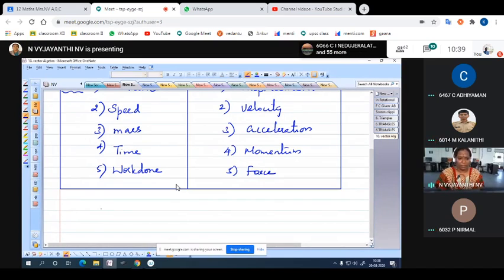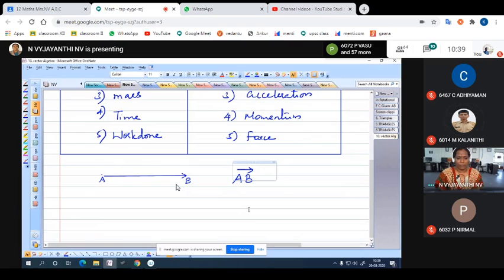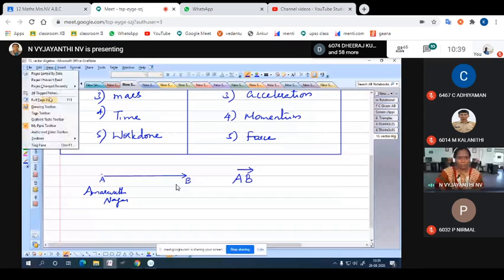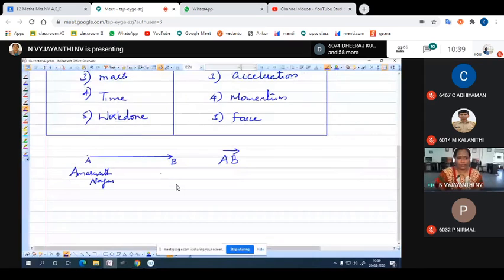For example, I'm marking Amaravati Nagar to Udumalpet, the distance covered in a vector, that is displacement, isn't it? How is it mentioned? AB with an arrow. So this is Amaravati Nagar to Udumalpet.